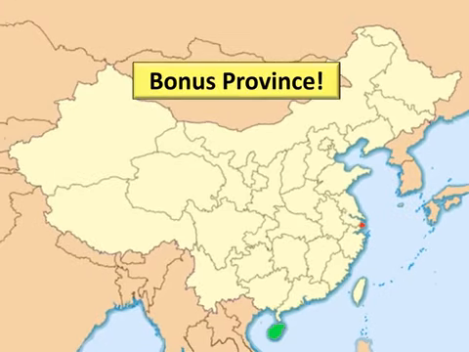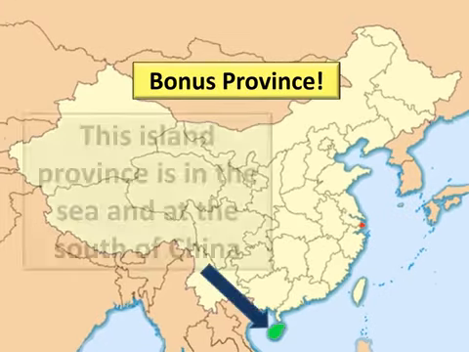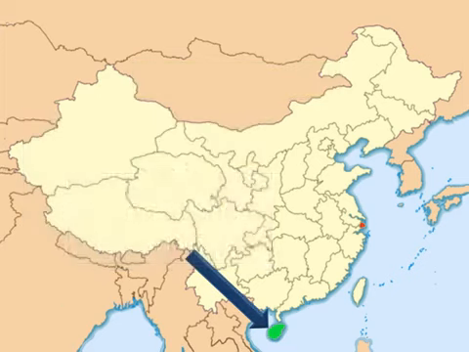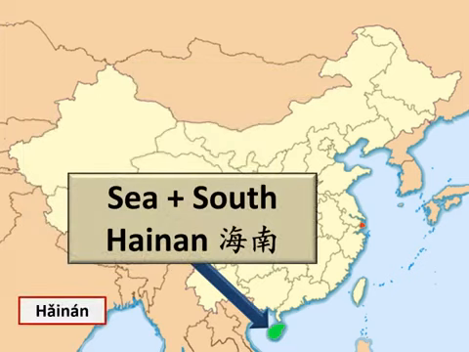Now a bonus province. This province is an island located off the south coast of the Chinese mainland. Its name combines the word for sea, 海, with the name for south, 南. The name of this island province is 海南.